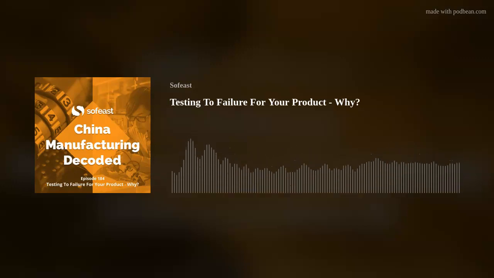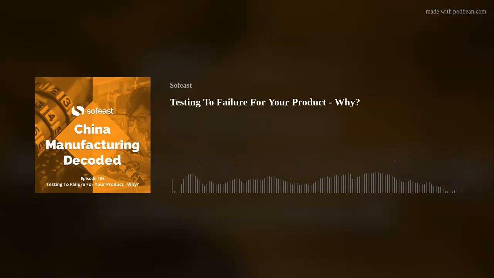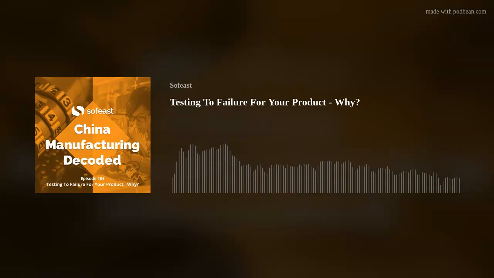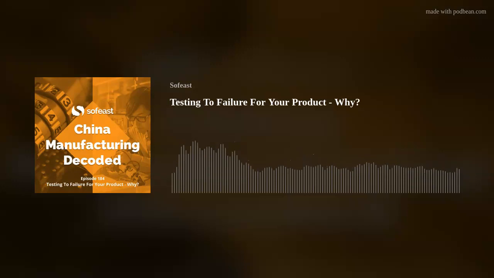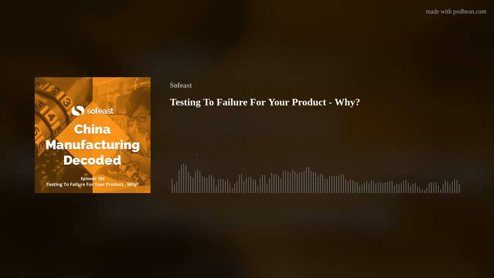So you're trying to achieve two objectives, really. One, you're pushing the product to the limits to understand what the limit of the product is. For example, let's say you're designing the product to handle 100 volts. Well, if you don't test it beyond 100, you're not going to know. Is it going to fail at 100? Is it going to fail at 101, 102, 110, 115?